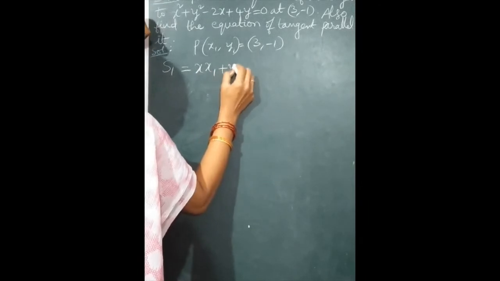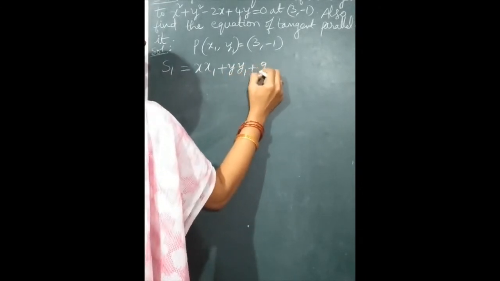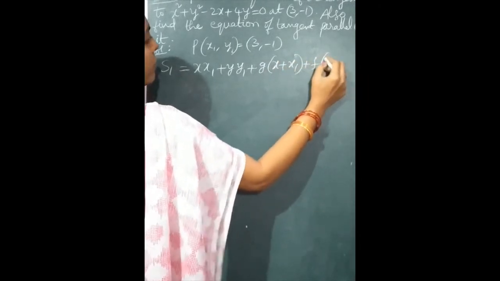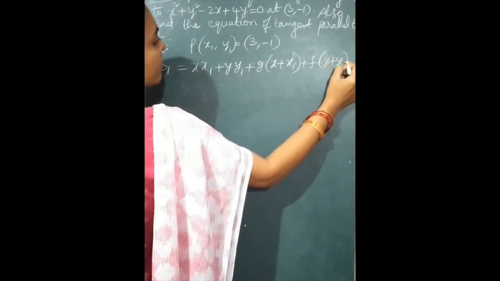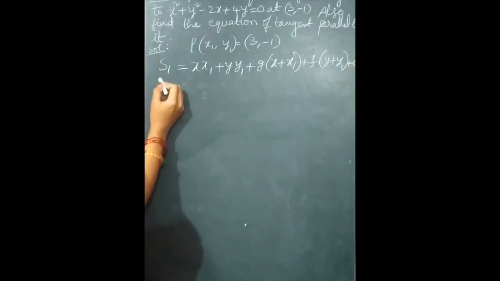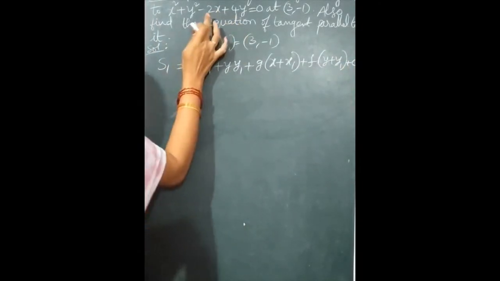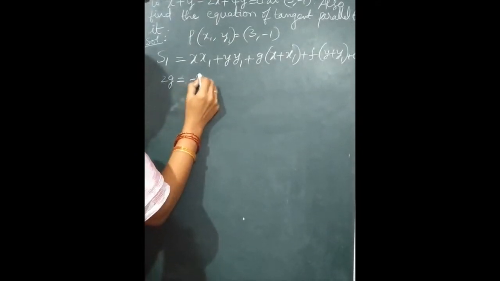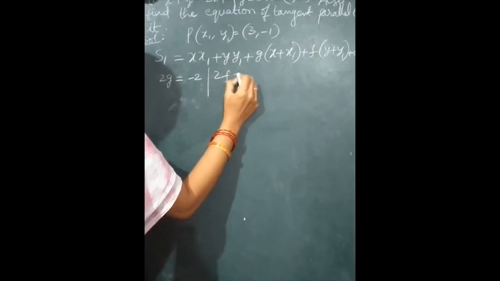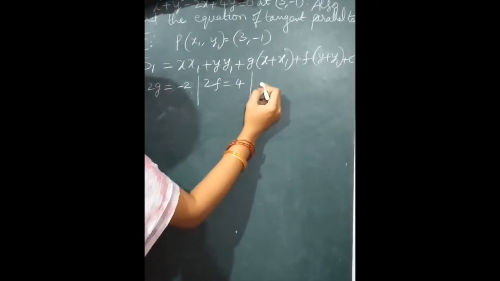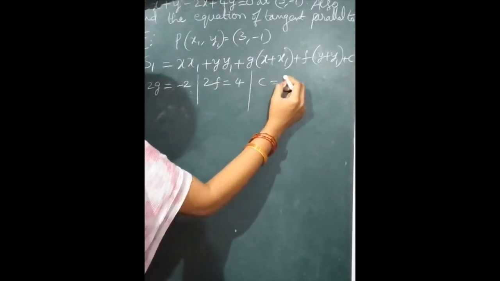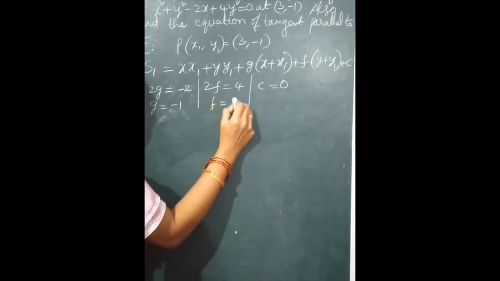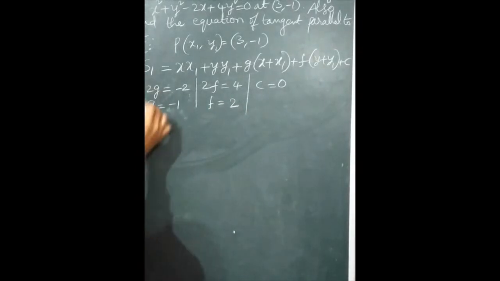x x1 plus y y1 plus g into x plus x1 plus f into y plus y1 plus c. So here we have to find out g and f. 2g is equal to minus 2 and 2f is equal to plus 4. So here c is equal to 0. g is equal to minus 1 and f is equal to 2, c equal to 0.